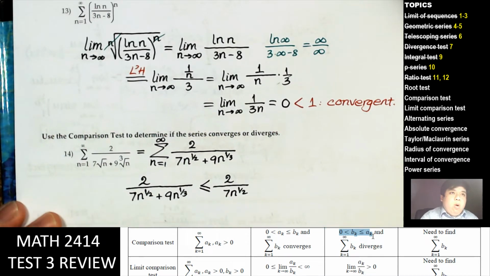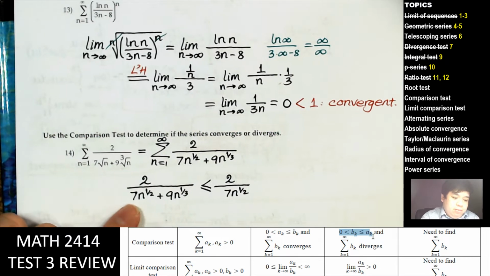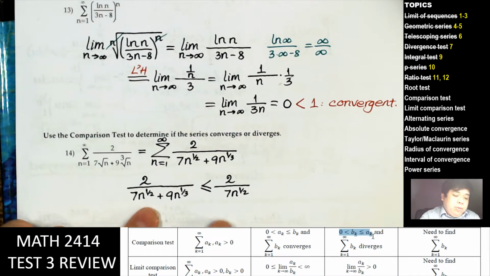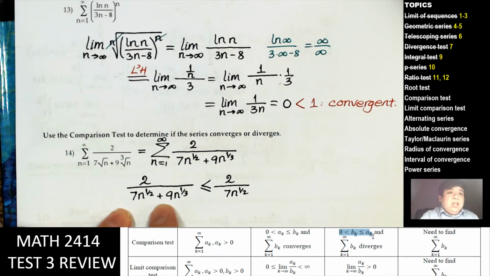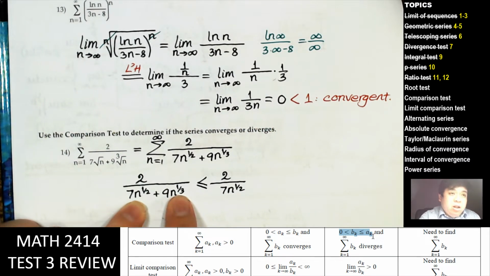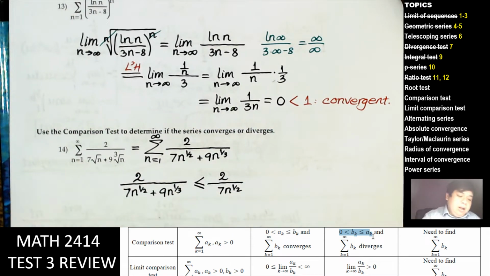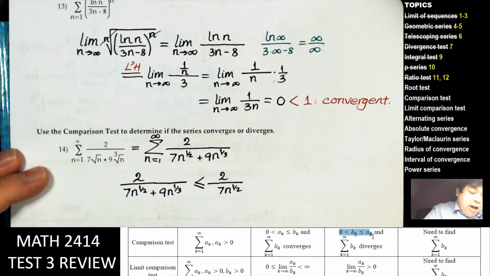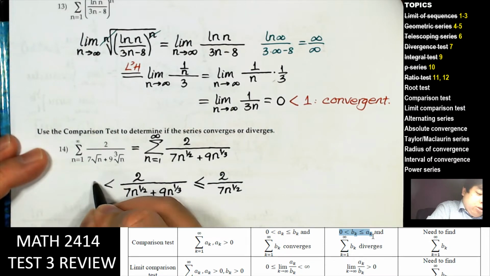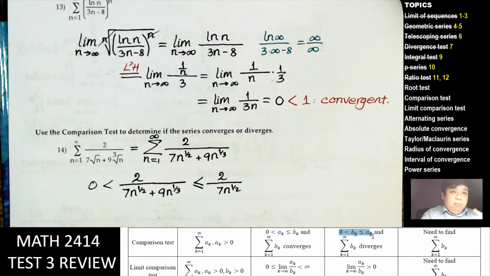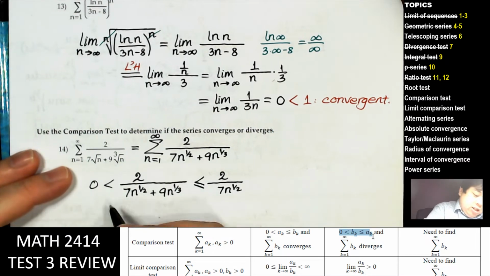First of all, all of them are positive because n is positive. Now, the reason this one is bigger is that we still have the 2 on the top, but the denominator here is bigger. Divided by a bigger number results in a smaller quotient. So that one, the quotient is smaller than that one. And because all of them are positive, now we're going to put the summation notation in.